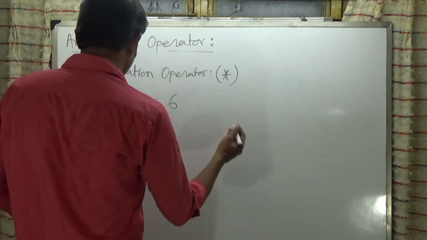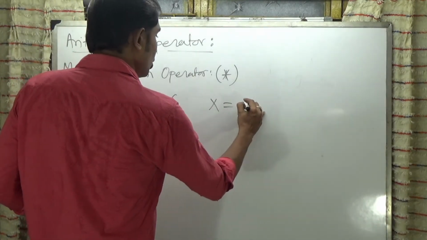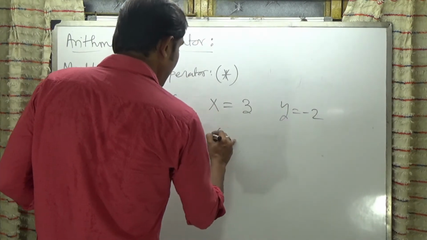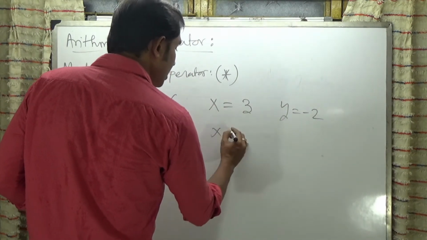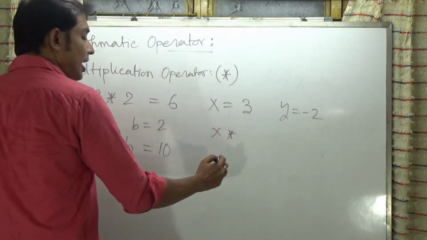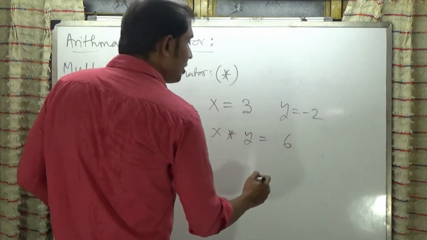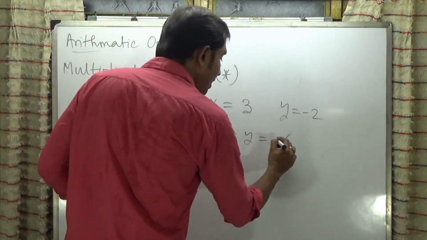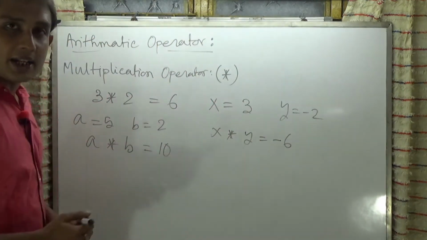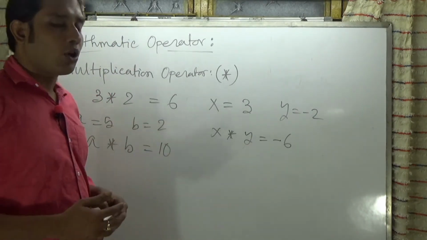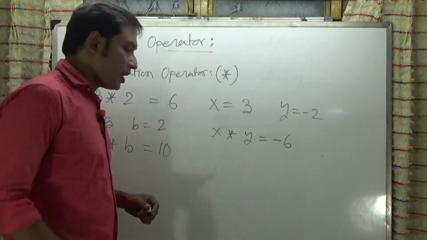And if the value of x equals 3 and y equals -2, then as per arithmetic rules, if we multiply x and y, it becomes 6 really, but the sign becomes minus, so the result is -6. So in this way the arithmetic multiplication operator actually works.